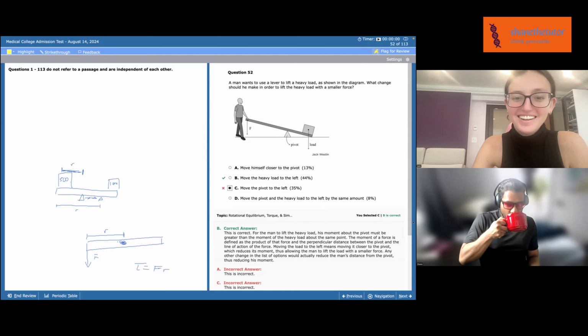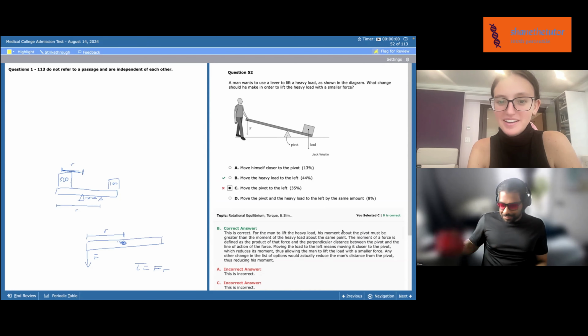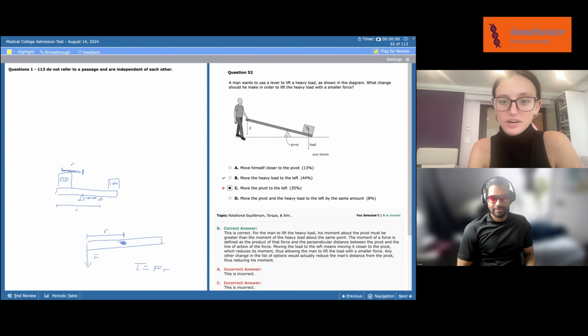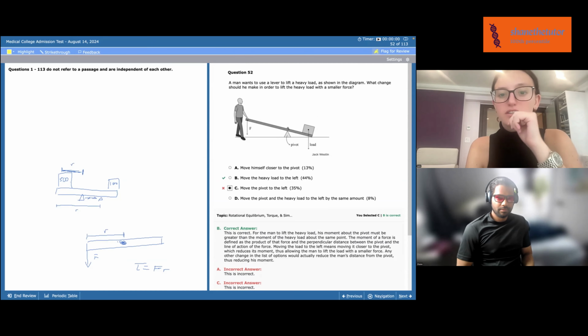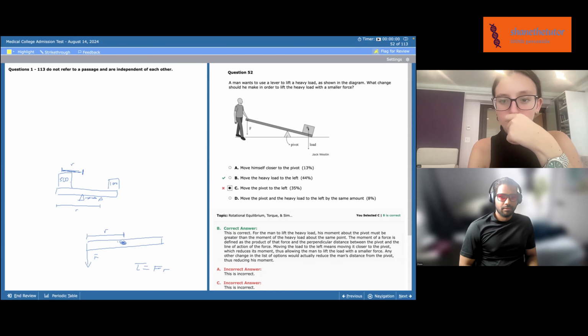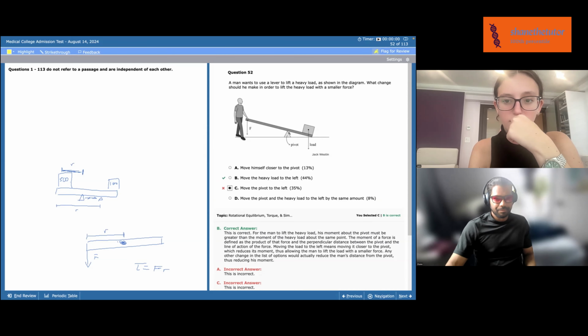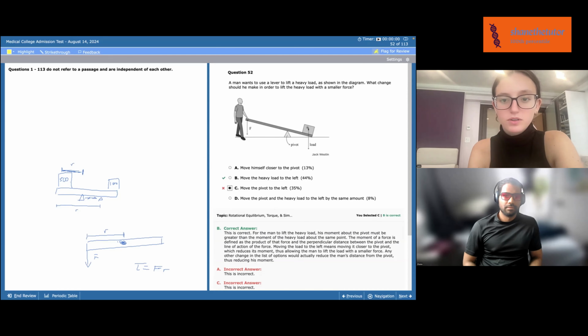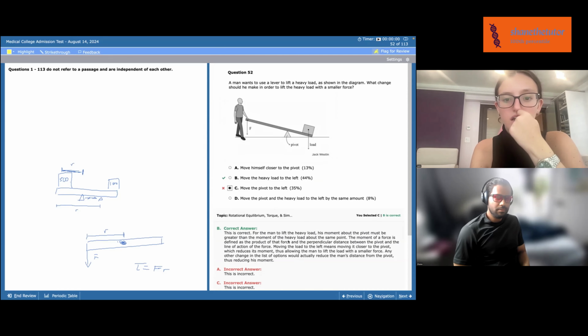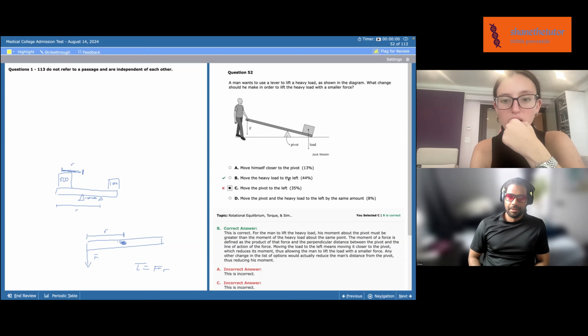Okay. All right, so I understand. So here we want to decrease the distance to the load, which would decrease the torque on the load. Okay. So if the pivot can't be moved to the right, then the load has to be moved to the left, right? Okay.